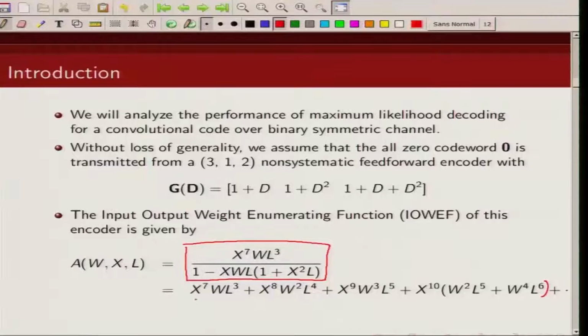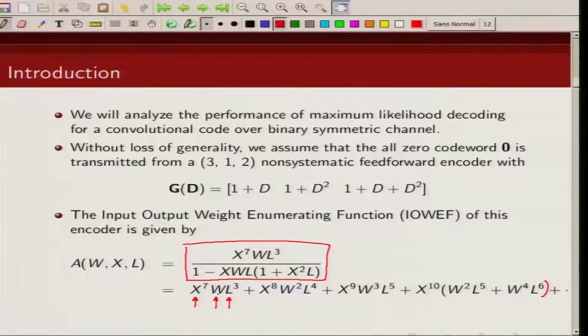Here, the exponent of X gives me the overall weight, the exponent of W gives me the information sequence weight, and the exponent of L gives me the length of this path, that is, the time it diverges from the all 0 state to the time it remerges at the all 0 state.